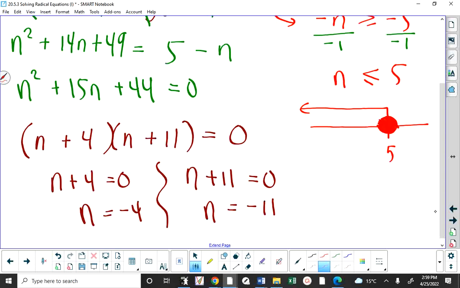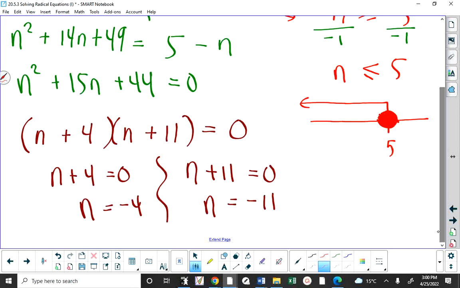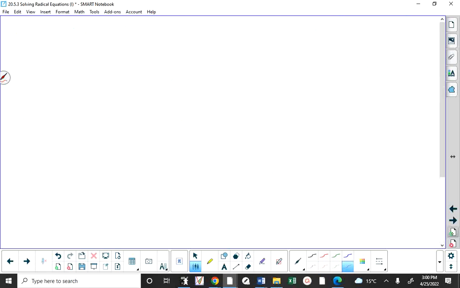They're claiming that if they're in that domain, they're correct. But let's check them. Remember, the third step says to check. So our equation is n minus, I'm going to go to a new page here, n minus root 5 minus n is equal to negative 7, correct?